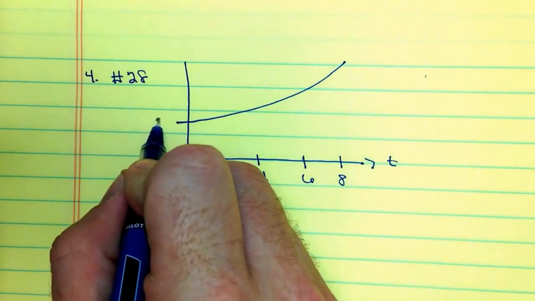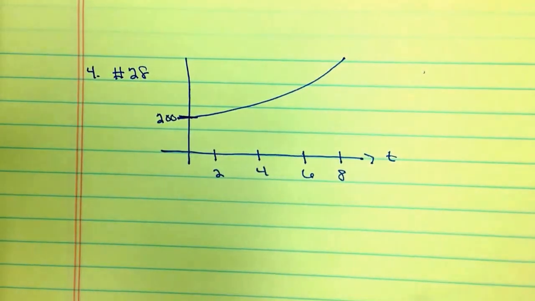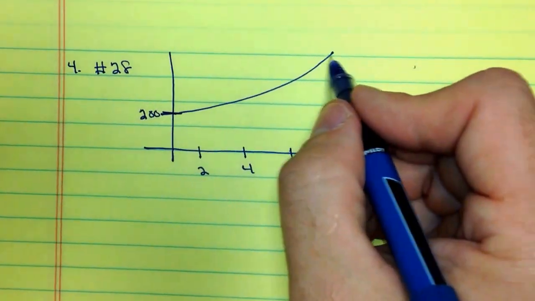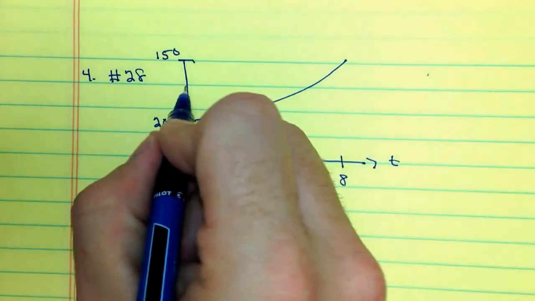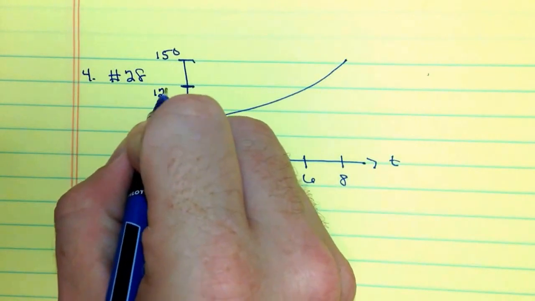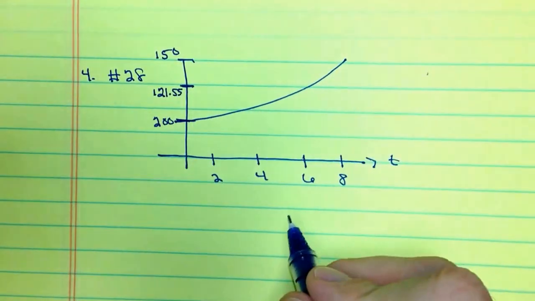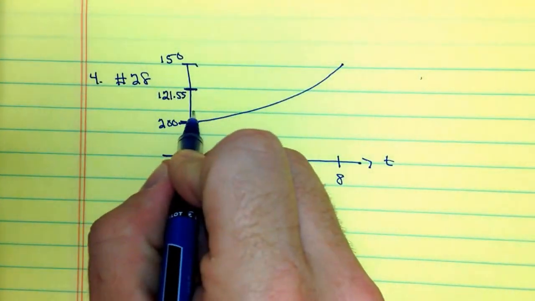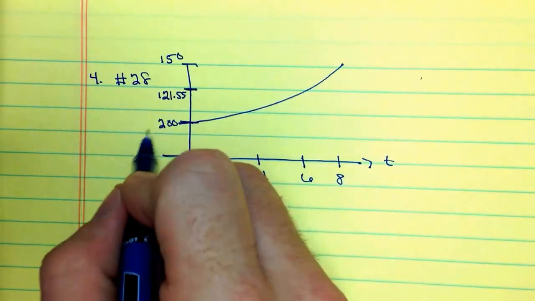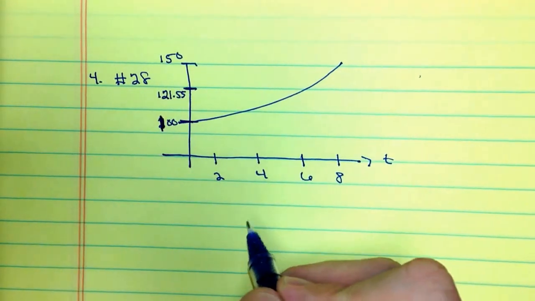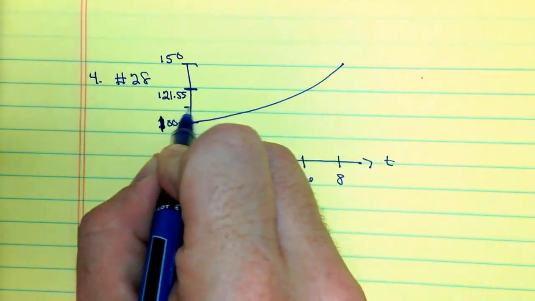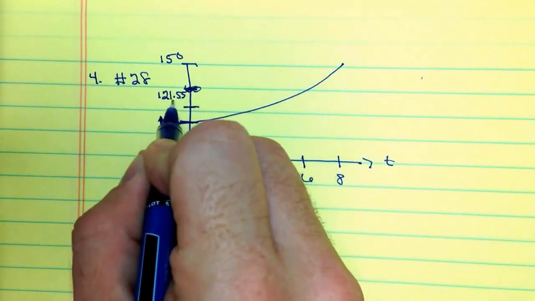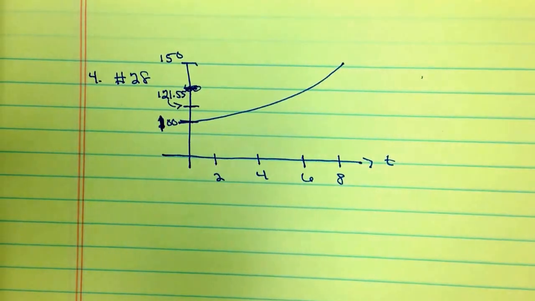Let's see, we're at 100 as the initial, and then up here we go to 150. And we're concerned with this number right here, 121.55. I'm sorry, not 200. Alright, well, actually, it's more like right here. Let's just do that. And this will be the 121.55.